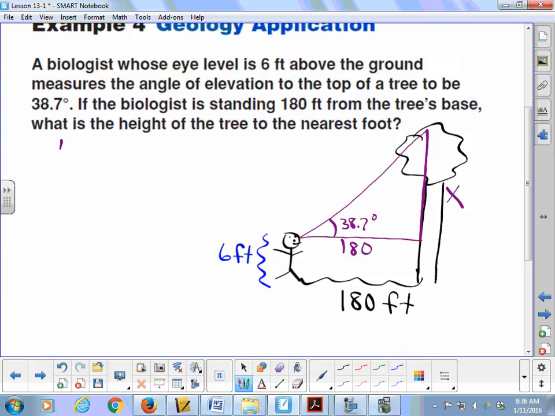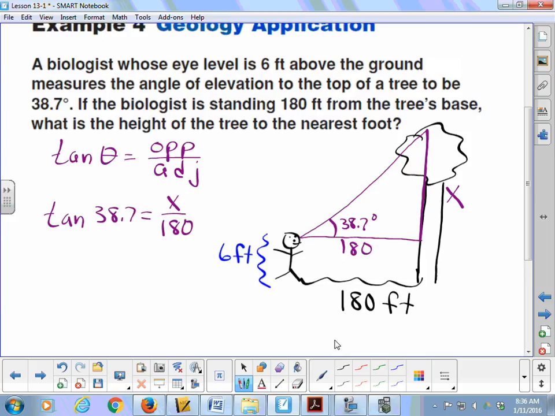All right, so tangent of theta equals opposite over adjacent. So the tangent of 38.7 equals x over 180. So we multiply by 180.